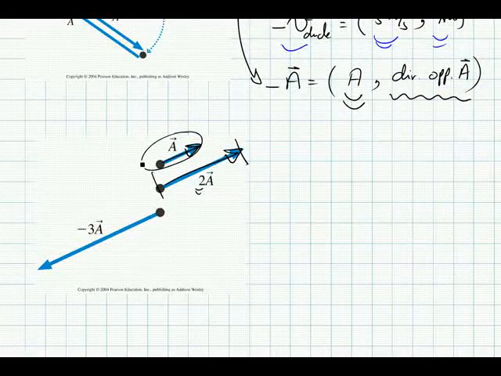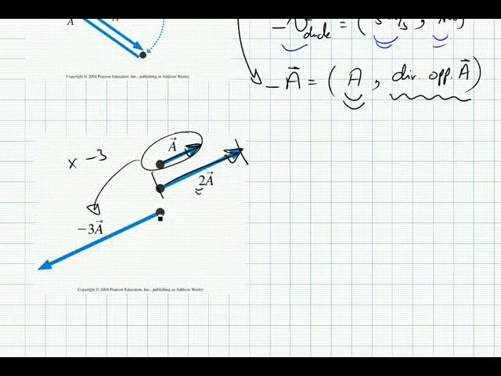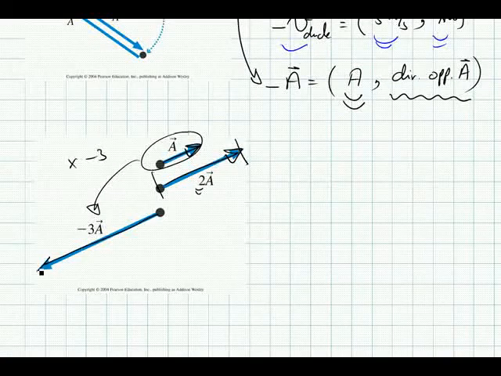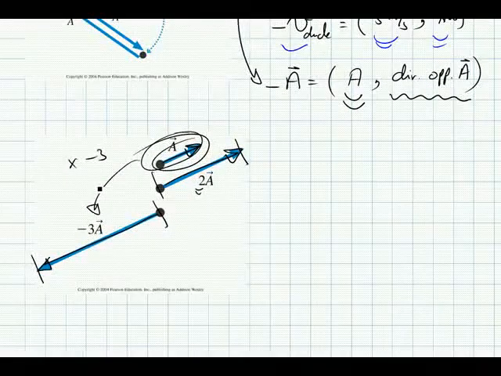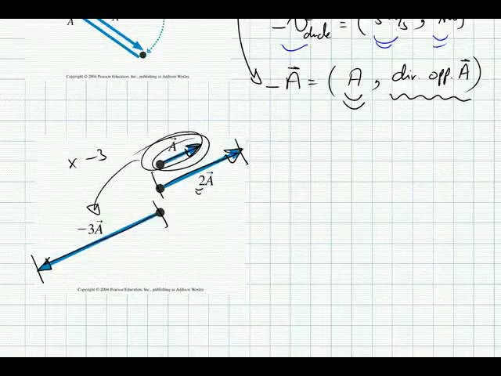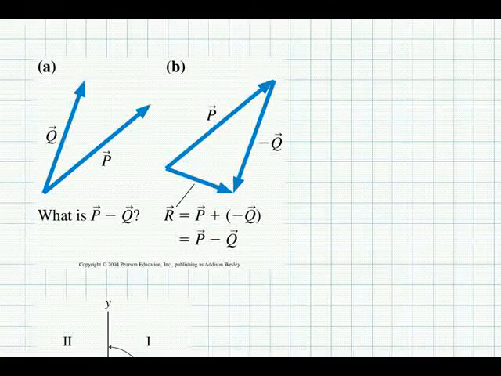Now if you were to multiply a by -3, then we end up with -3a. Notice that this vector is now pointing in directly the opposite direction, and it has a magnitude which is 3 times that of the original vector. So very simple to multiply vectors by scalars.